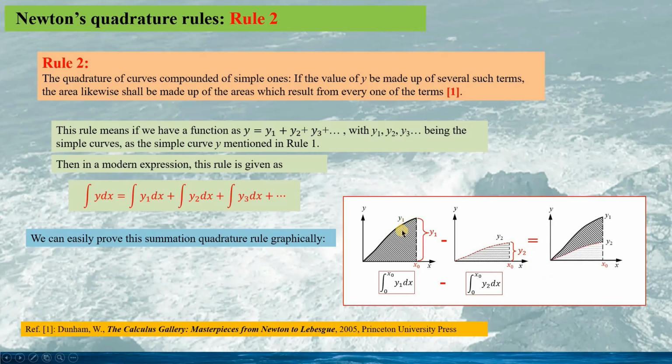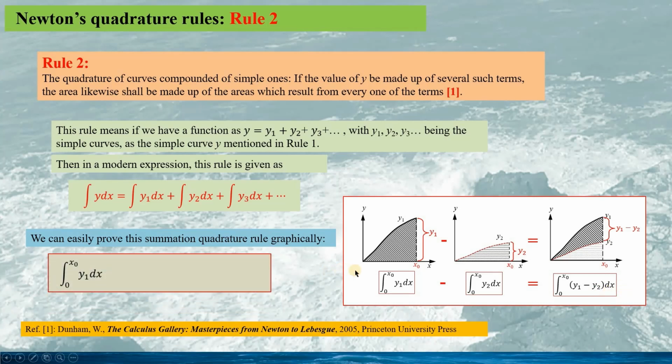If we take the area of this, take away this, we have the hatched area as this. And this area can be calculated using this expression, the integration here. Therefore, we can prove the summation rule of quadrature given as this. It should be noted here whether the rule is for summation or for difference, the principle is exactly the same. This is the proof of the quadrature rule number 2.